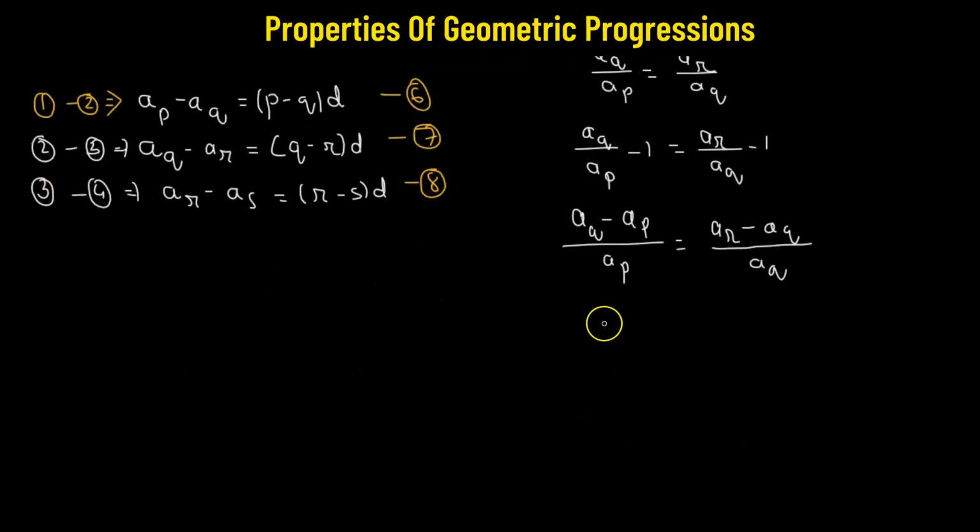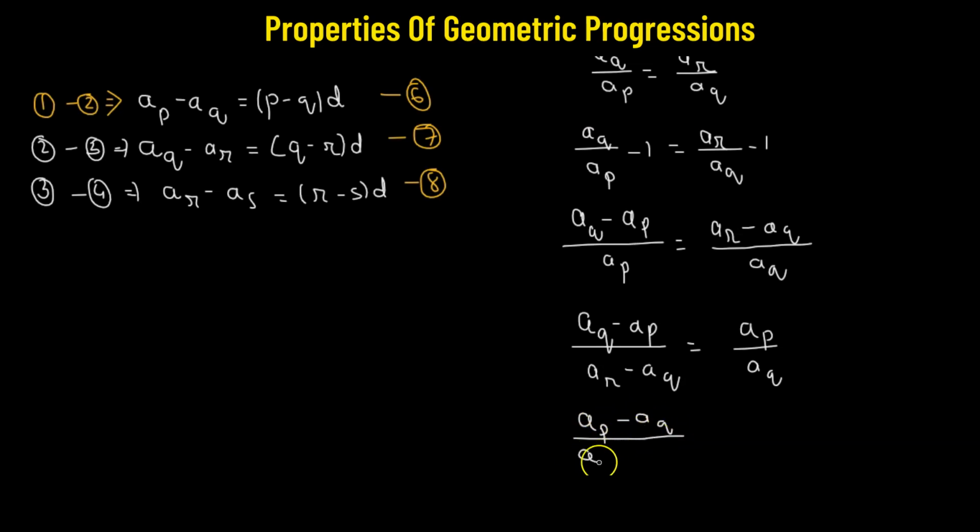This can now be rewritten as the Qth term minus the Pth term divided by the Rth term minus the Qth term, which will be equal to the Pth term divided by the Qth term. If we multiply both the numerator and the denominator by -1, we'll have the Pth term minus the Qth term divided by the Qth term minus the Rth term, equal to the Pth term divided by the Qth term.